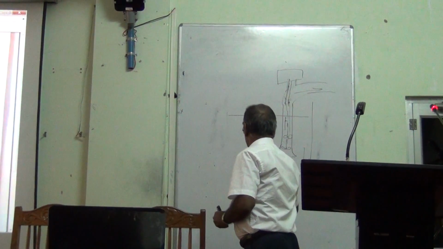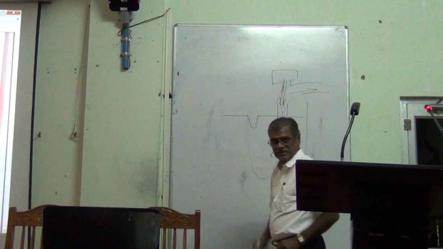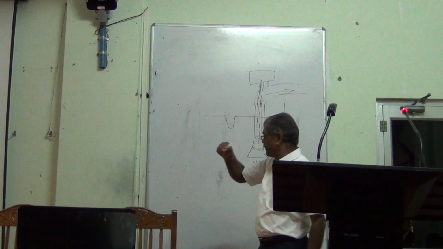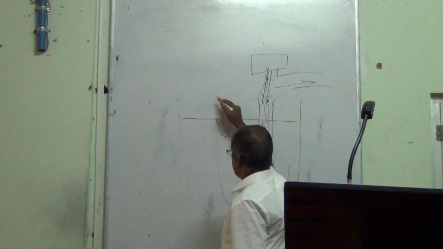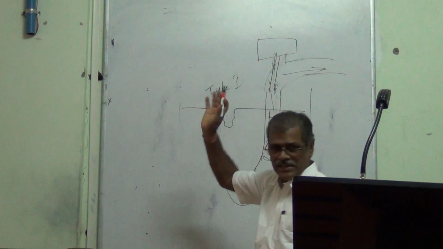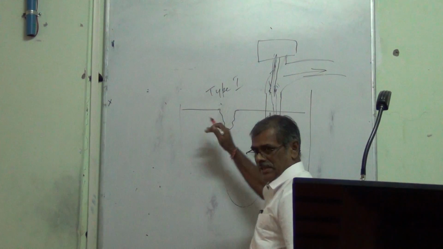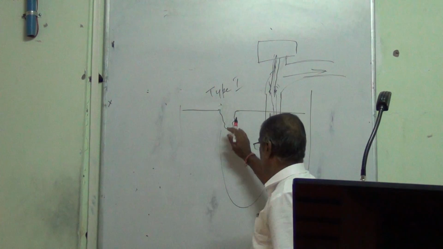Sometimes, if you start like this, some small dimple, it is called type 1. This is not dangerous. And dimples and then going off, dimples and then going off.